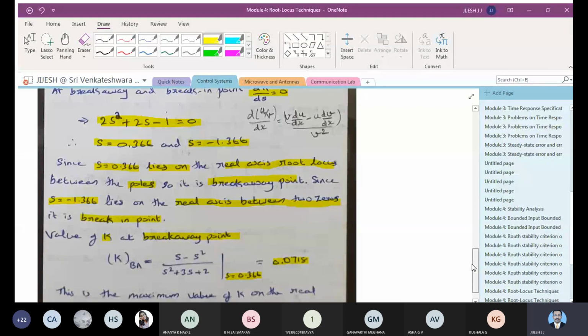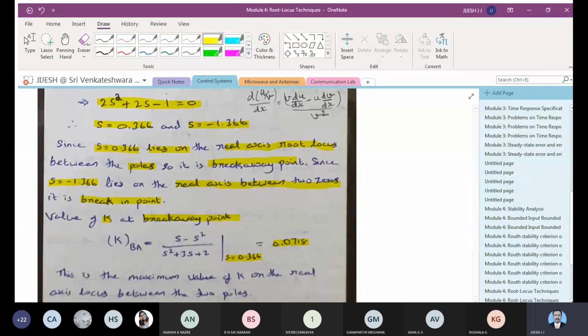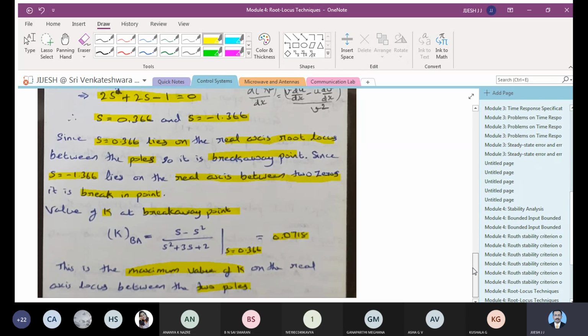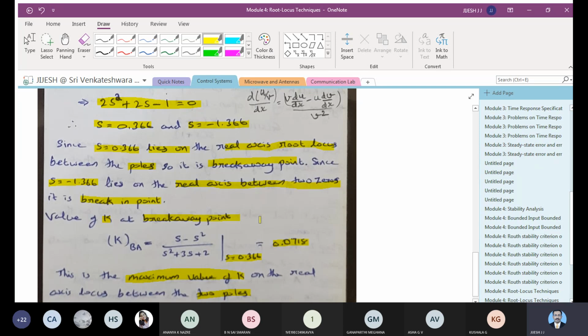This is the maximum value of K on the real axis of the root locus between the two poles. This is the maximum value of K which is possible there. You can just complete this off, then we will move on further.